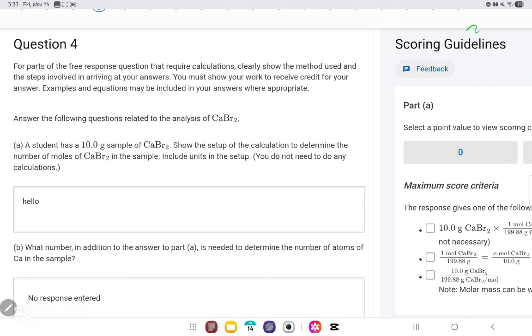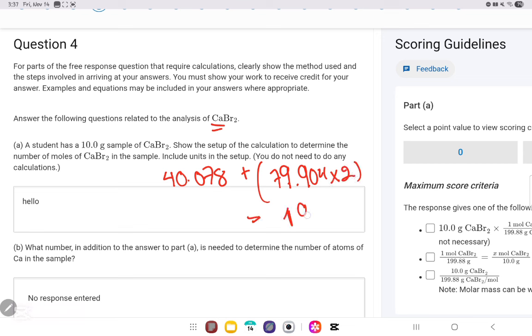Okay, there we go. So you need to take the exact values. Look how they took Ca as 40.078, plus Br as 79.904, the exact values, multiplied by 2. And then you will get 199.88. It should be 89, but they took it as 88.